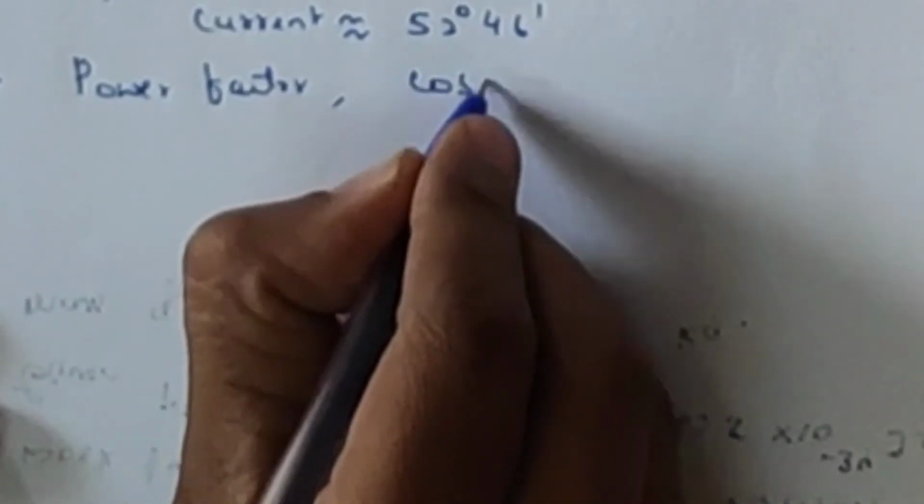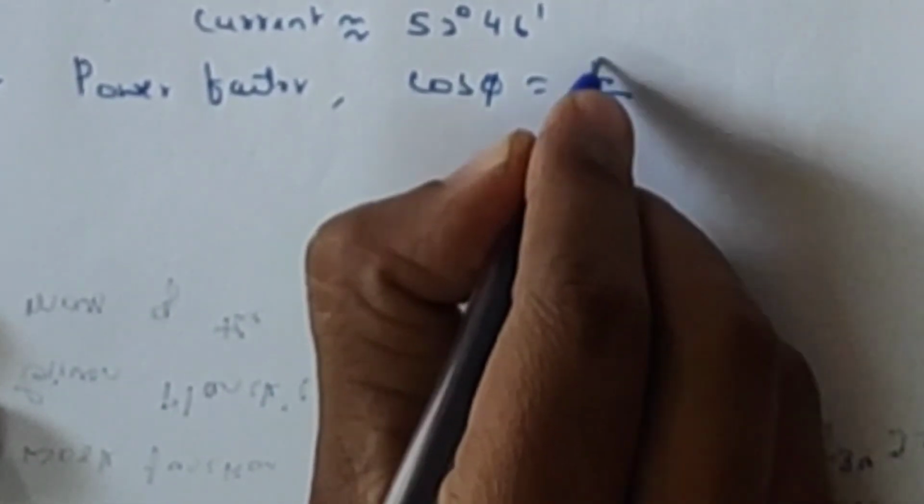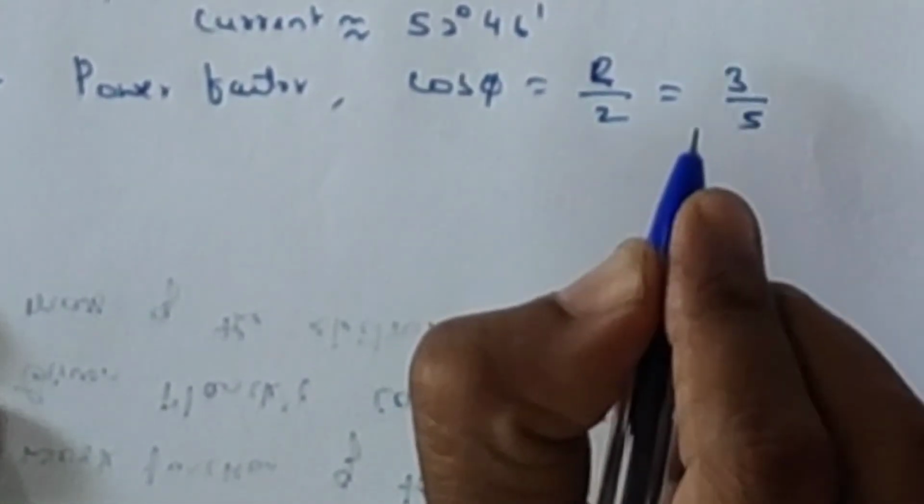Now we have to calculate the power factor. Power factor equal to cos phi equal to R by Z. R value is 3 by 5.